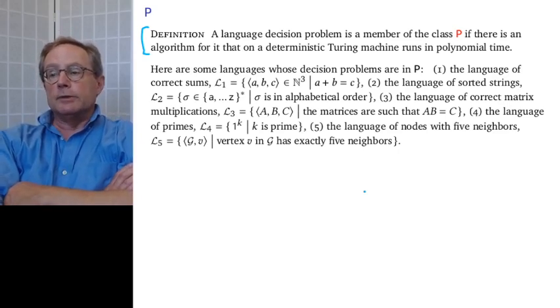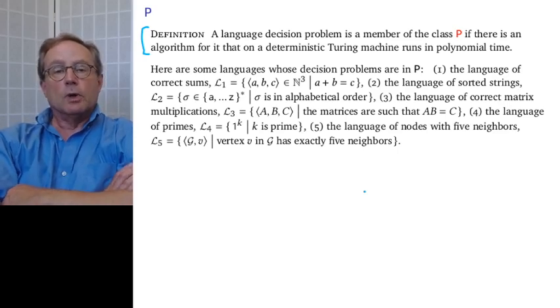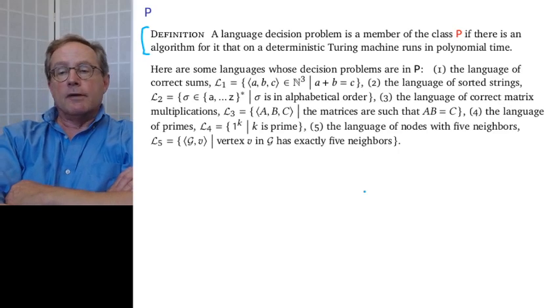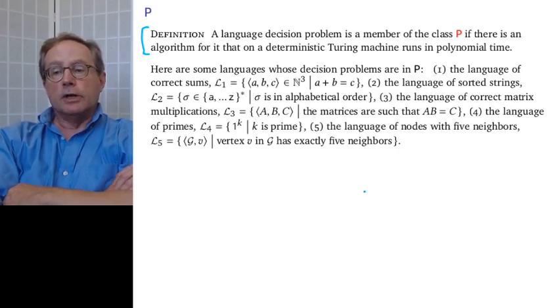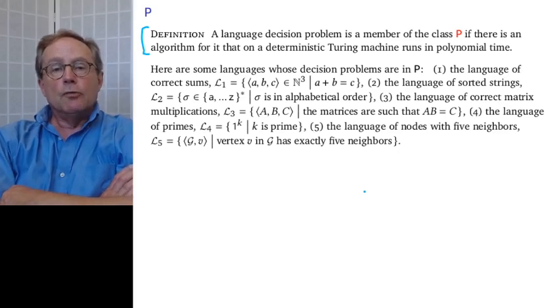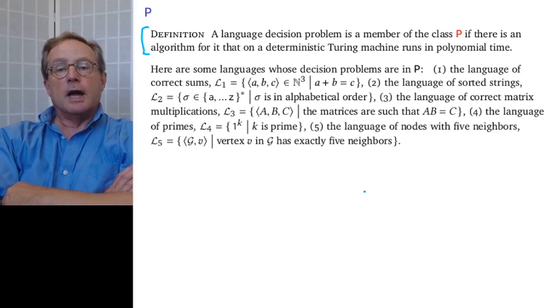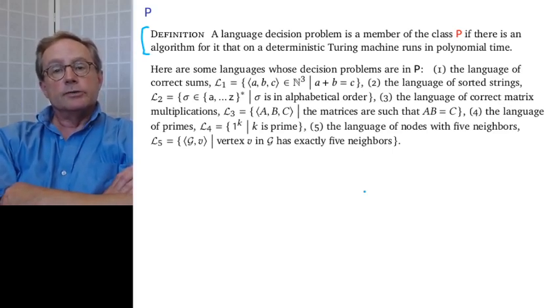What about the language of nodes with 5 neighbors? I've deliberately picked one that's less familiar here. You're given a pair, a graph and a vertex, and you have to answer yes or no: the vertex in the graph has exactly 5 neighbors. Can you write an algorithm that takes in that pair, g comma v, and in time polynomial in the length of g comma v, decides yes or no?